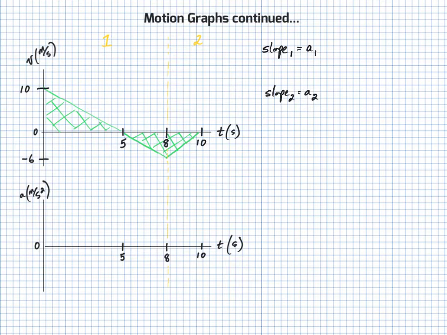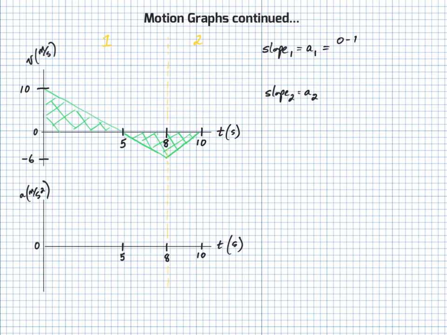So again, slope is rise over run. Our rise here is negative, and we always need to take final minus initial. So I'm actually going to do just part of section 1, going from here to here. In this time frame, our final velocity is 0, so I'm going to write in 0, and our initial was 10.